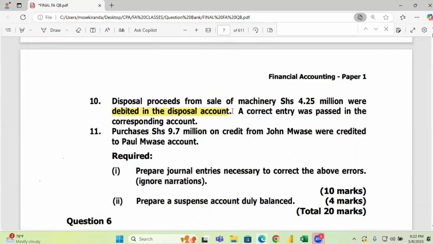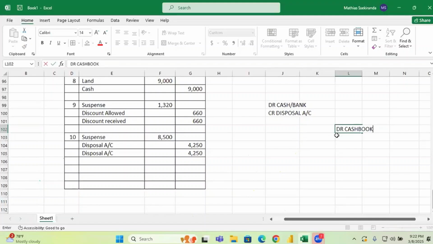What they did, and the corresponding account they are talking about is the cash book, okay? Is the cash book because you received the money, okay? Now here what they did, they debited the cash book, okay? If you can read what they did, they debited the cash book and debited disposal.